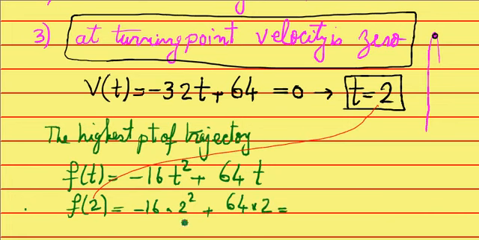So you have minus 16 times 4, that's minus 64, plus 128 makes a net of 64. This is the highest point of the trip.